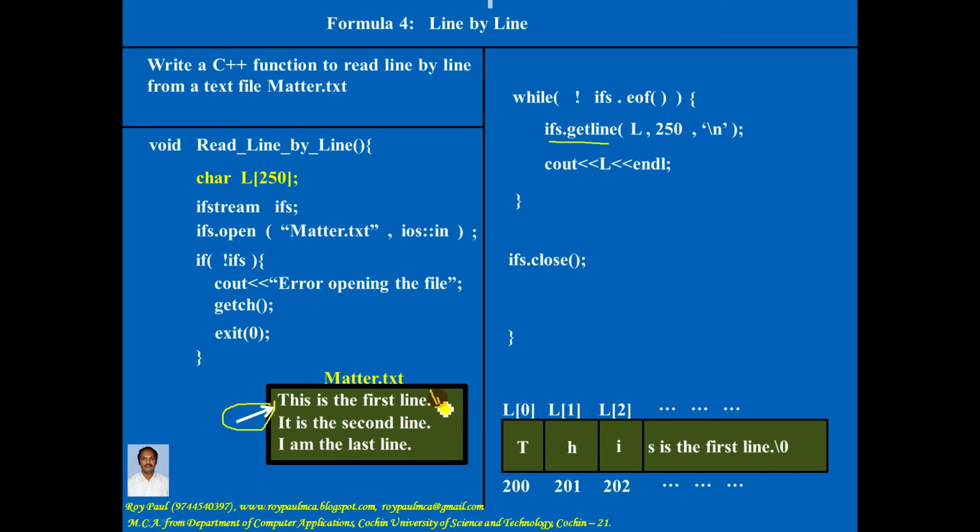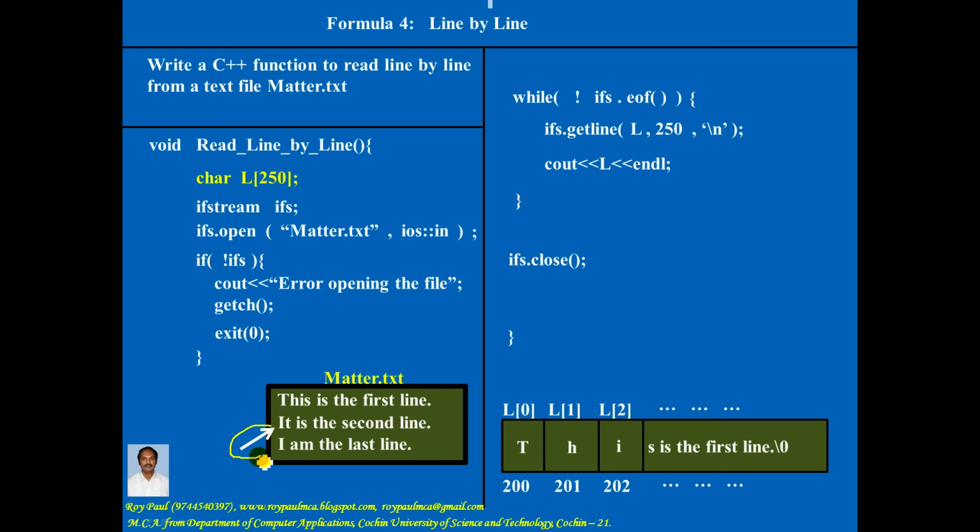Here the invisible character new line is there. So after this delimiter character, the file pointer is placed. Even if 100 new line characters are there, the pointer will be placed after those 100 new line characters, which means now the file pointer is at the beginning of the second line.